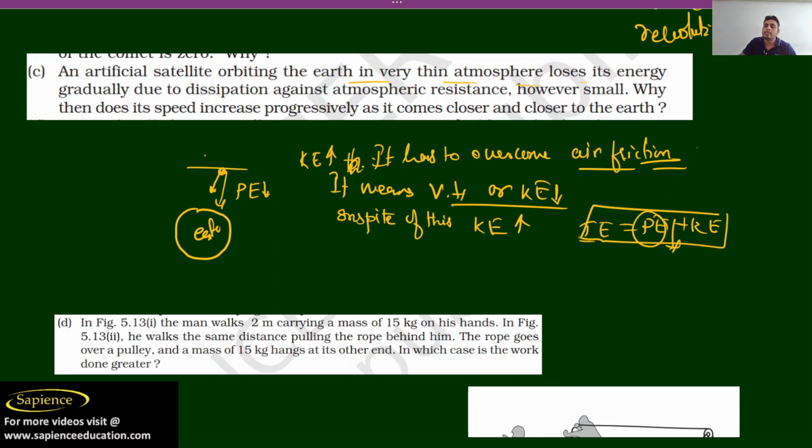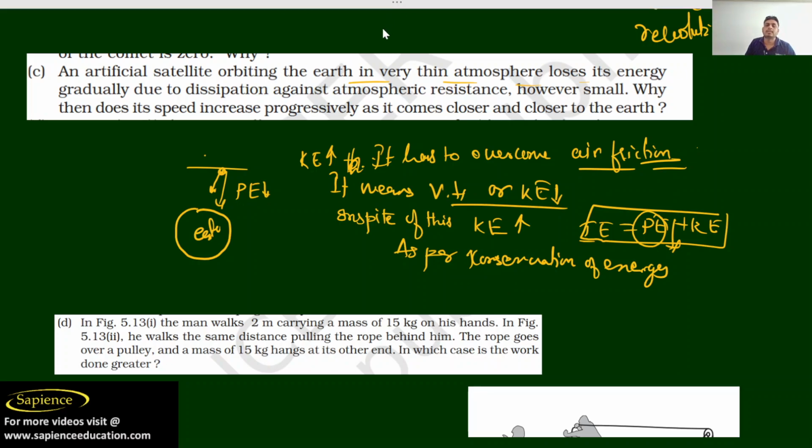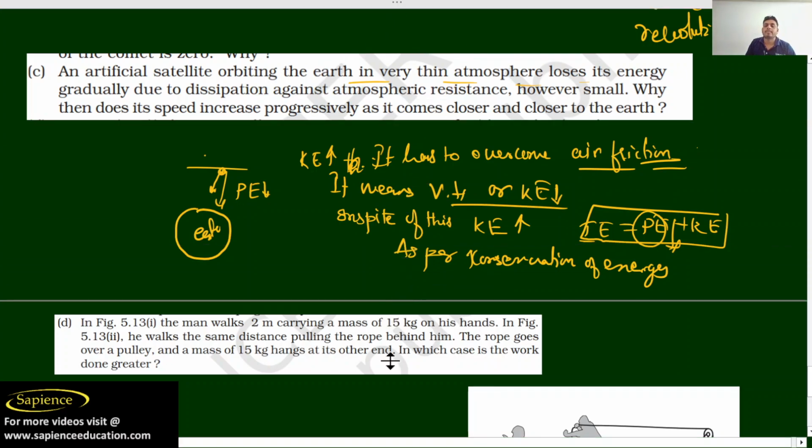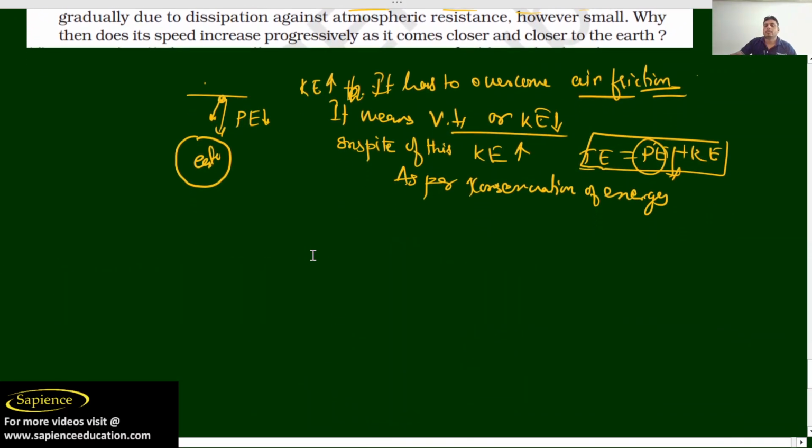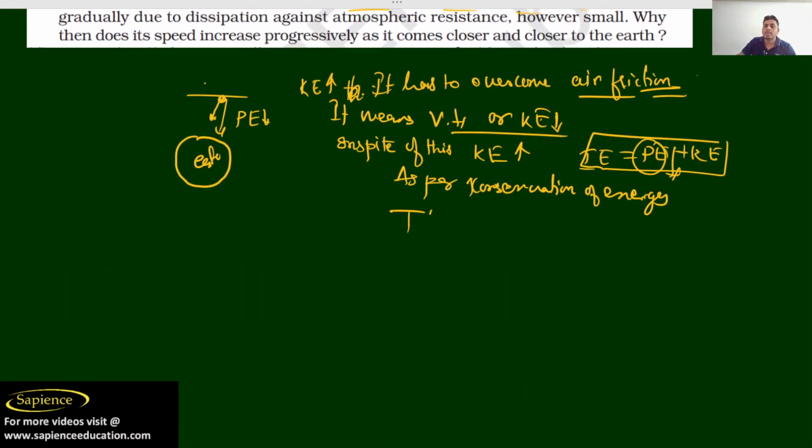As per conservation of energy, total energy should remain constant. It means that if total energy is constant and potential energy decreases, then kinetic energy will increase.